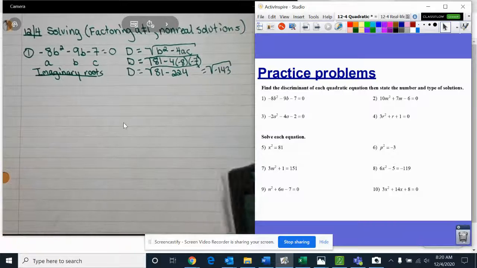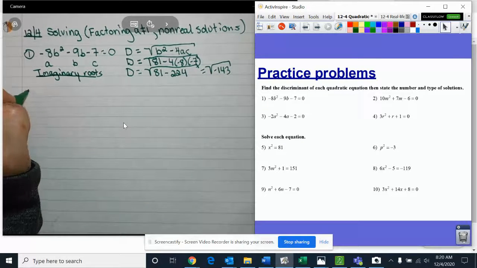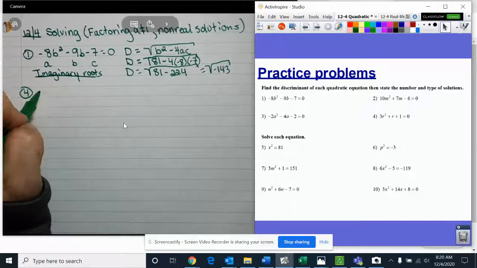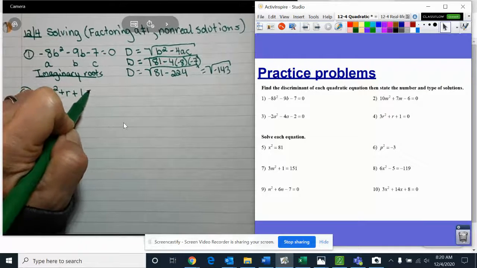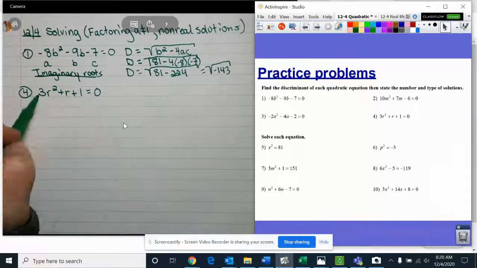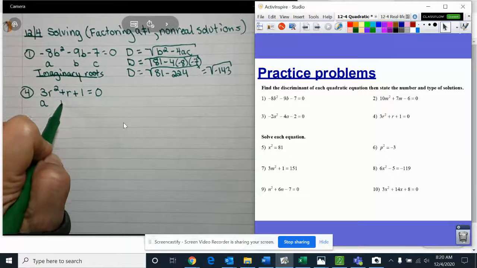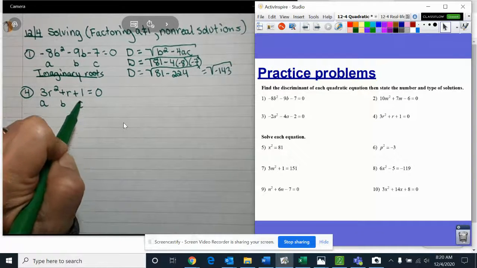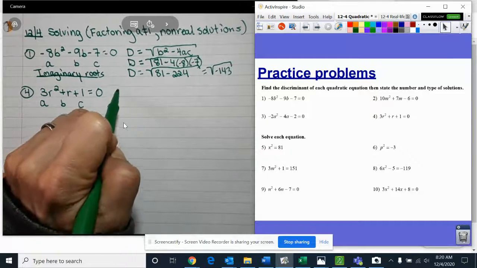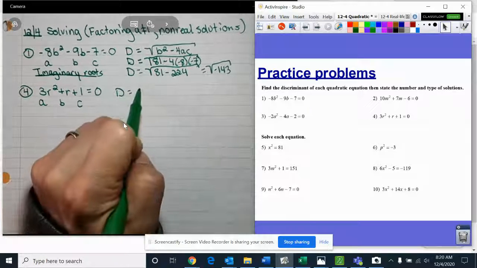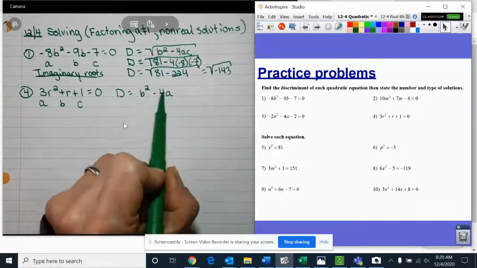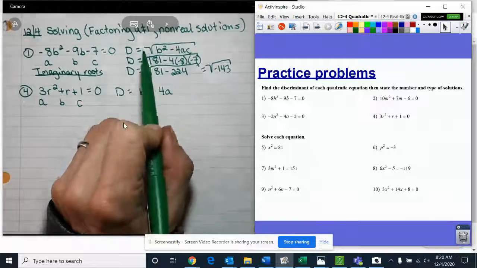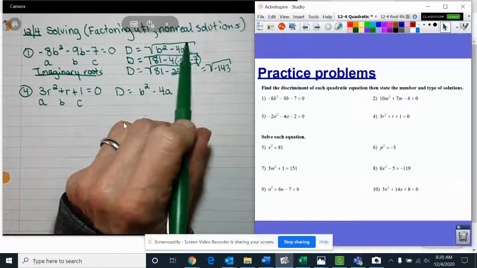Continuing with number 4, we have 3r squared plus r plus 1 equals 0. Well, the a is 3, b is 1, and c is also 1. So the discriminant is b squared minus 4ac. That's really what the discriminant is. Yes, in the quadratic formula, it's under the radical.